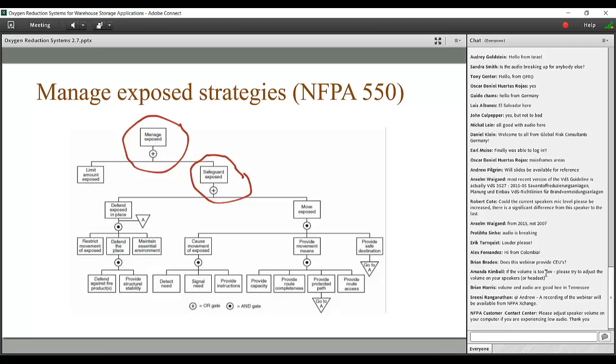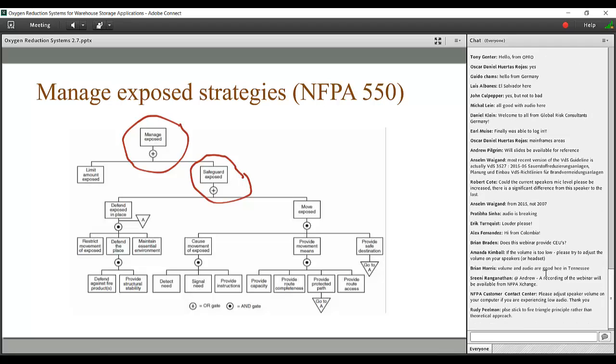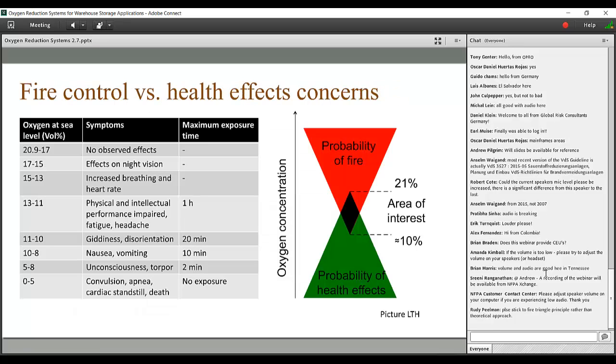How long will they be there? And what are the associations going on? So we need to think about those in setting the objectives. And as Patrick had mentioned previously, there's this balance between fire control and health effects.